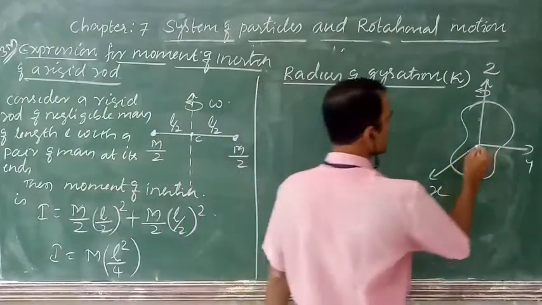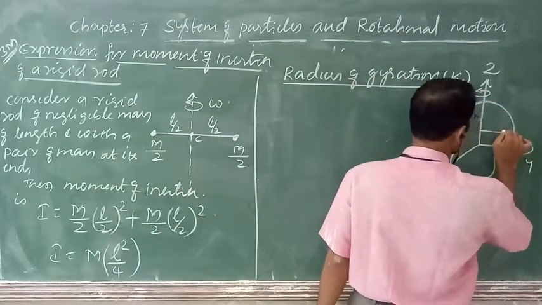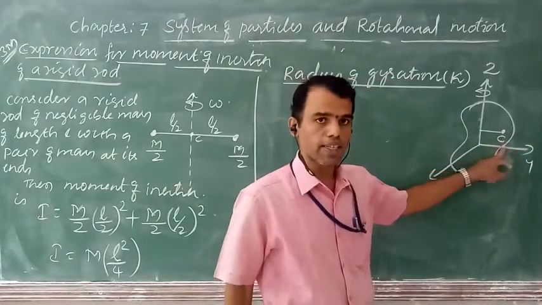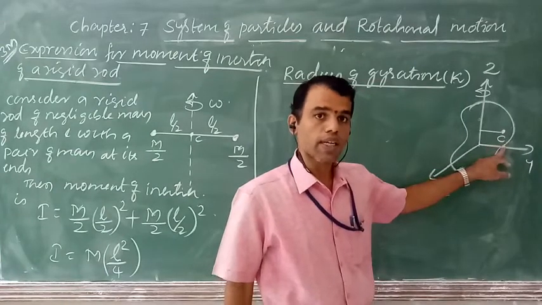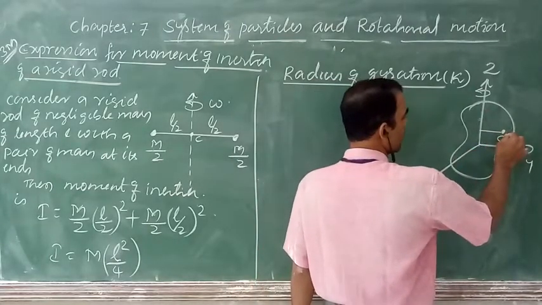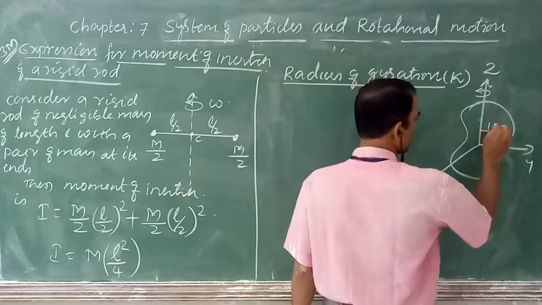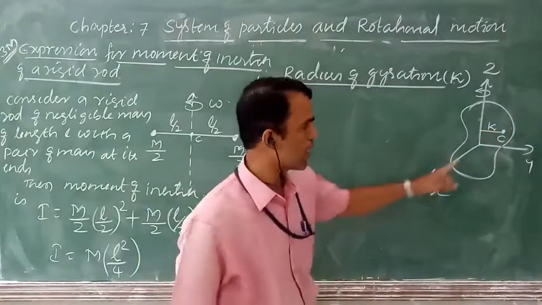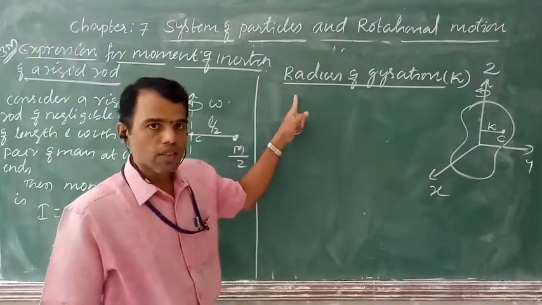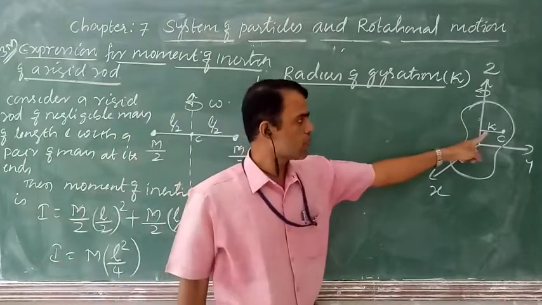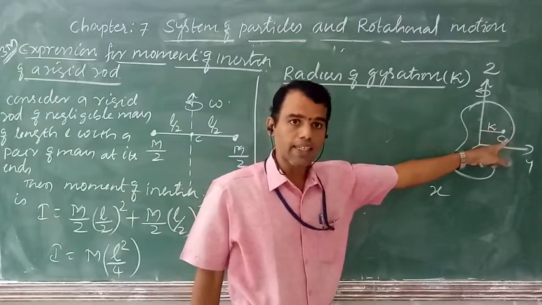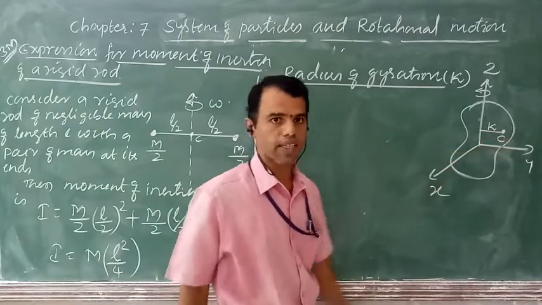We choose a point in the rigid body where the entire mass is assumed to be concentrated, and let us say that point is C, the center of mass of this rigid body. Suppose this point where the entire mass is assumed to be concentrated is at a distance k from the axis of rotation. Then radius of gyration is the distance from the axis of rotation to the point where the entire mass is assumed to be concentrated.